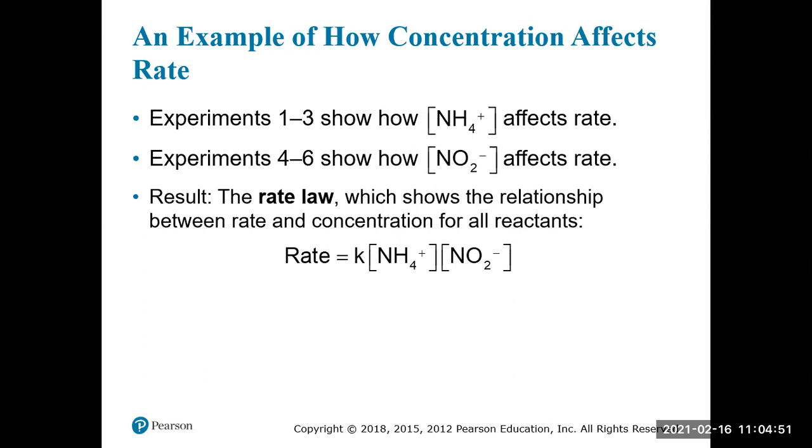But rate equals k, the rate constant, times the ammonium ion times the nitrite ion. They're both to the power of 1, because our rate order is 1 for each of those reactants. So rate order for each reactant is 1, and the rate order for the total reaction is 2, because we have 1 plus 1.